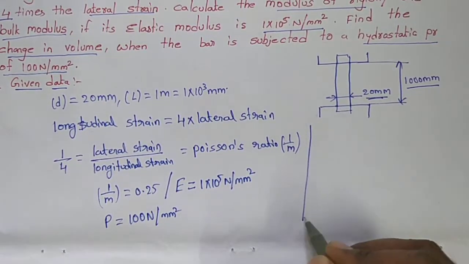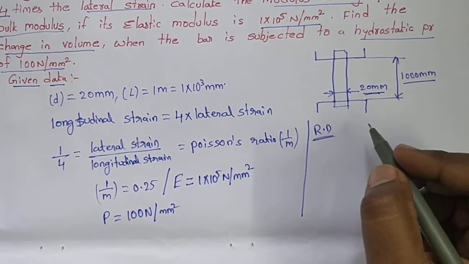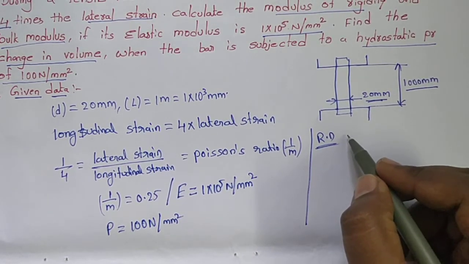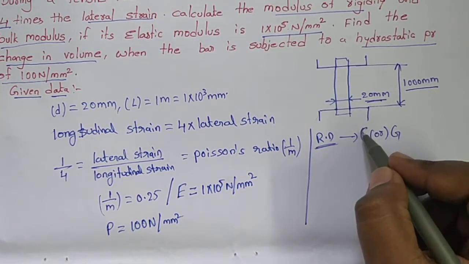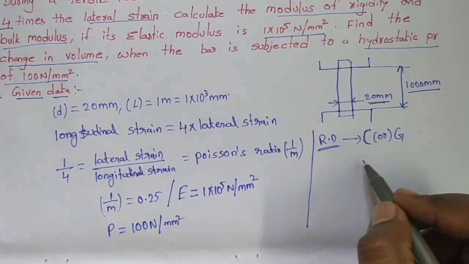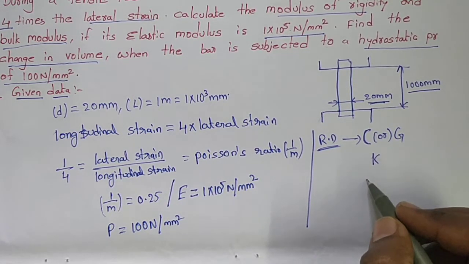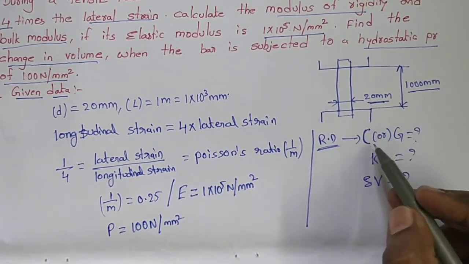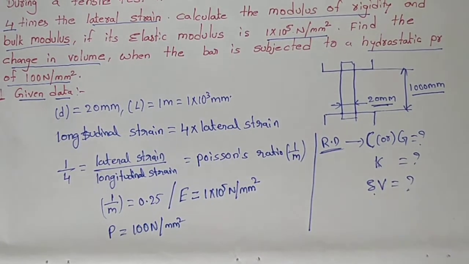The required data we need to calculate are modulus of rigidity C or G, second, bulk modulus K, and next, change in volume. We need to calculate these three values.